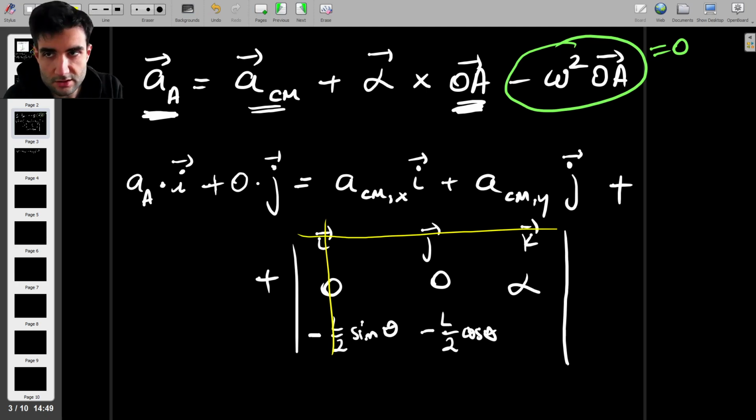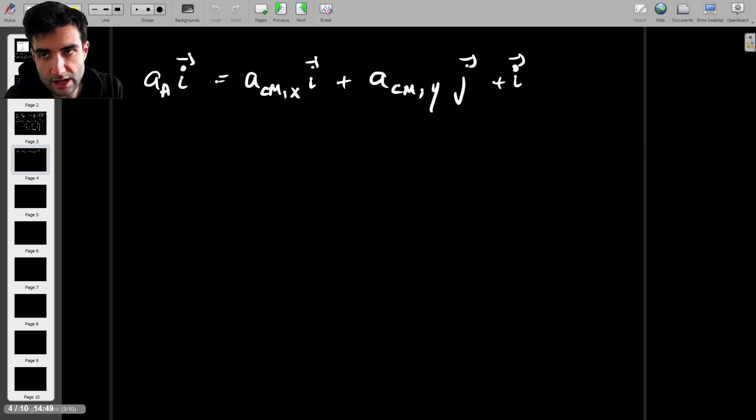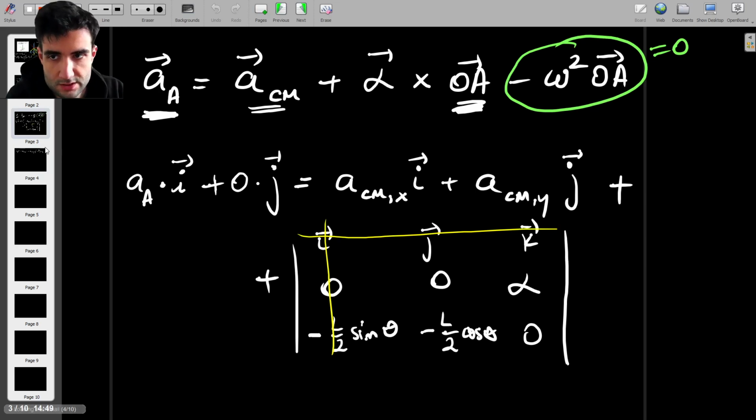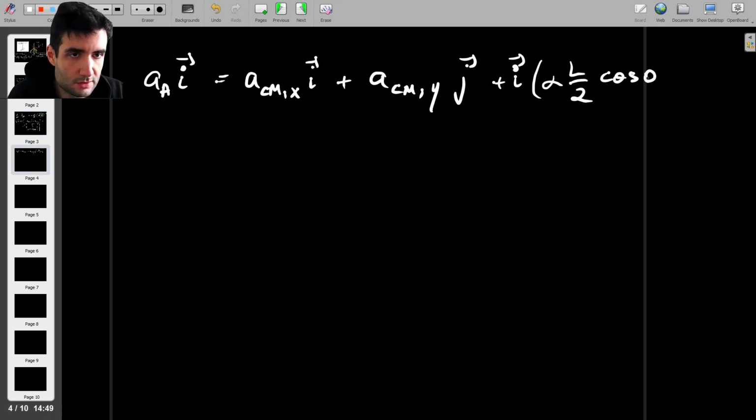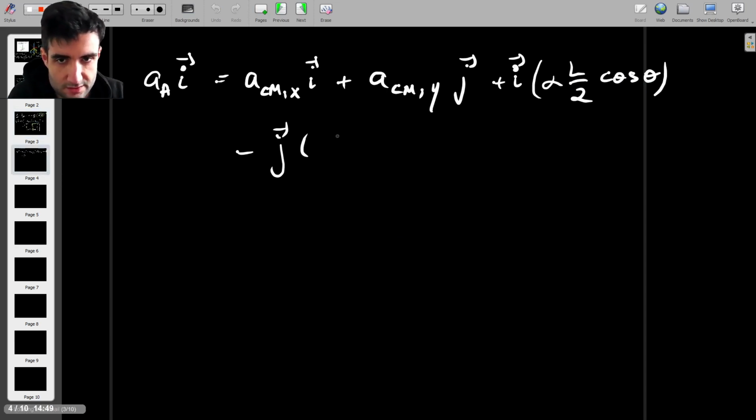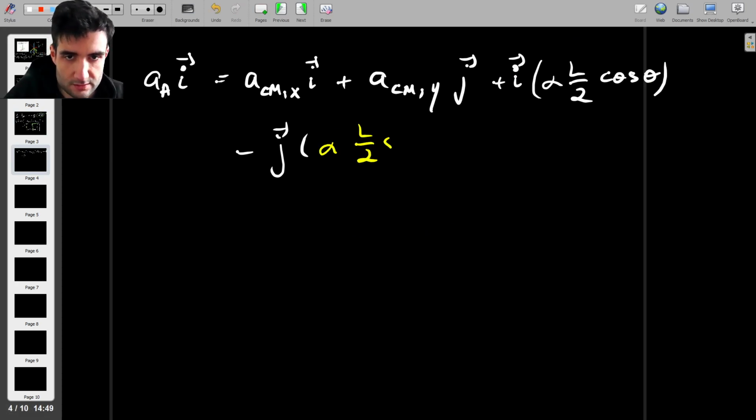So this is going to be 0 minus minus, so it's going to be alpha L over 2 cosine of theta, and then plus, or I should say minus j, I guess, minus j times, and then we have again 0 and then minus minus that, so it's going to be alpha L over 2 sine theta.